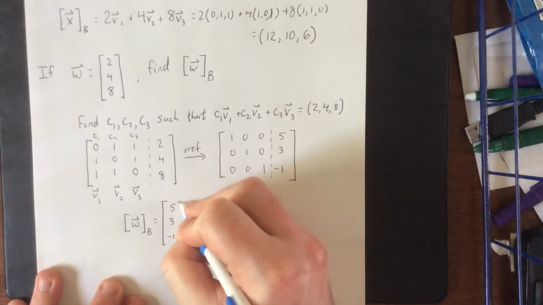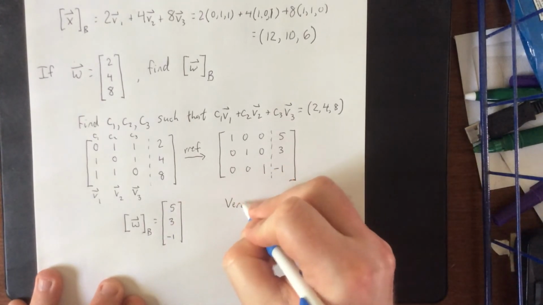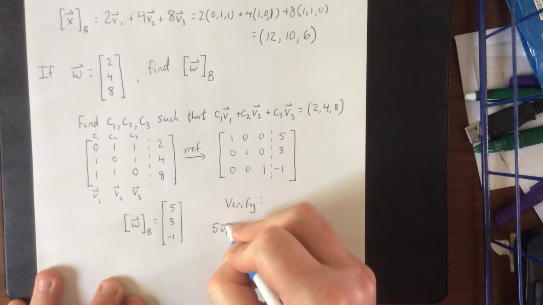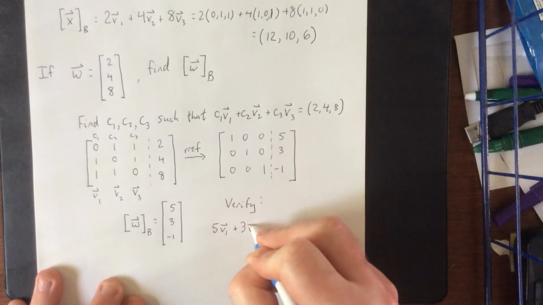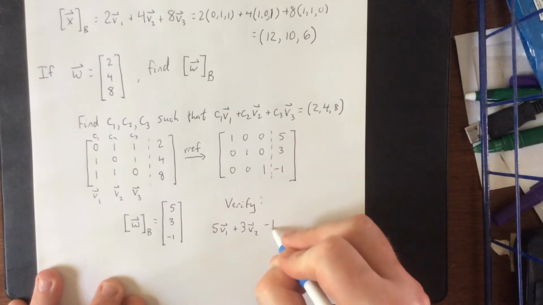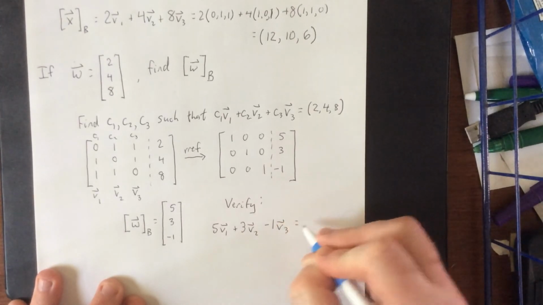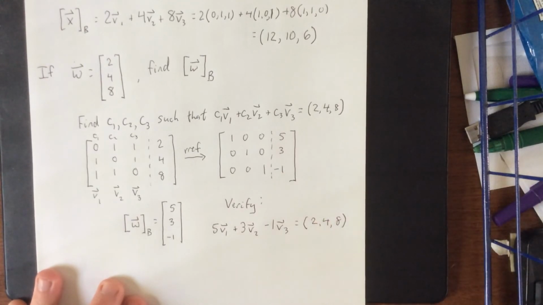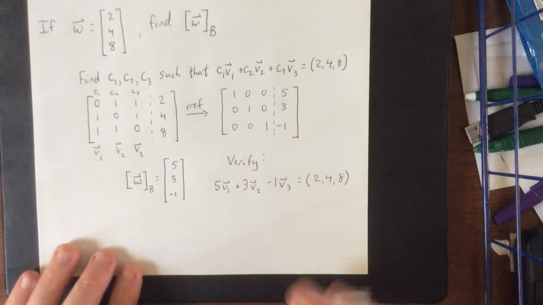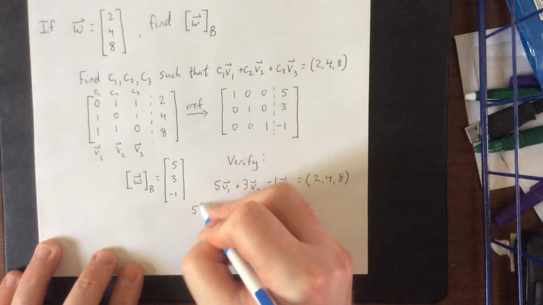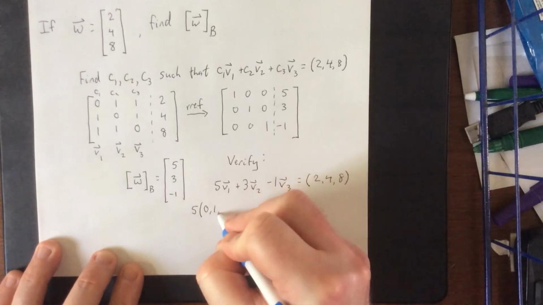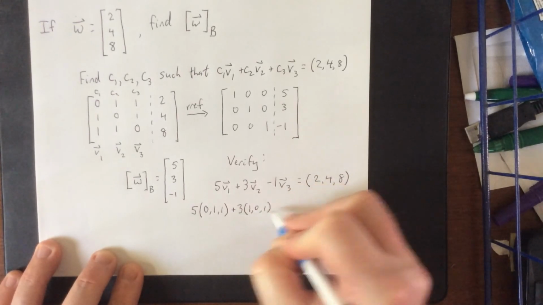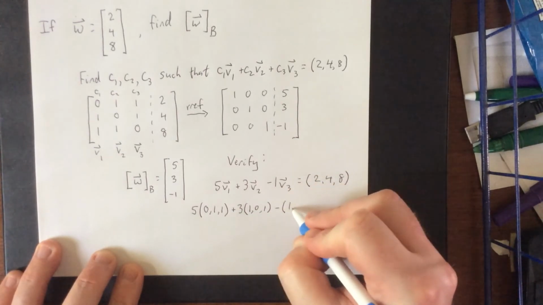If we want to verify that this is actually correct, what we could do is calculate 5 times vector v1 plus 3 times vector v2 minus 1 times vector v3 and verify that the result is going to be 2, 4, 8. Let me go ahead and copy that out. That'll be 5 times vector v1, which was 0, 1, 1, plus 3 times vector v2, which was 1, 0, 1, minus the vector 1, 1, 0.